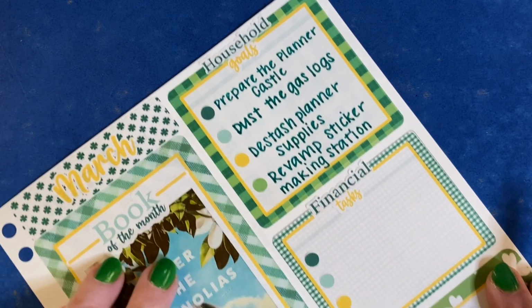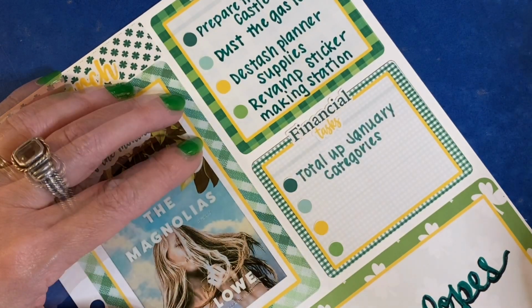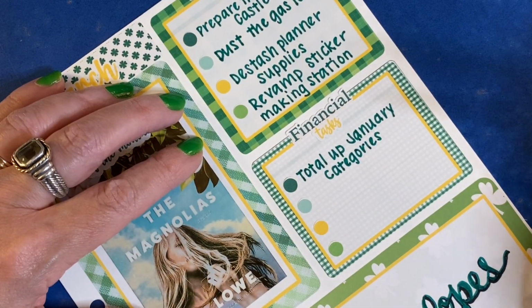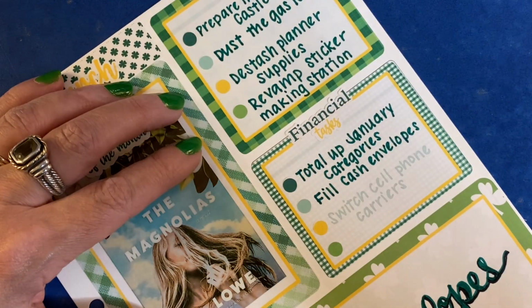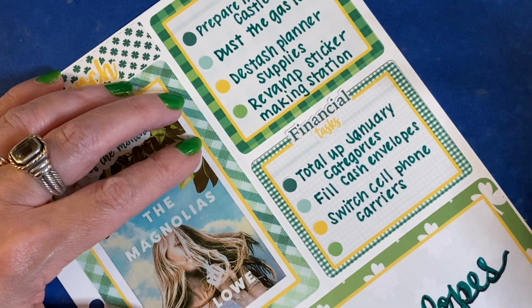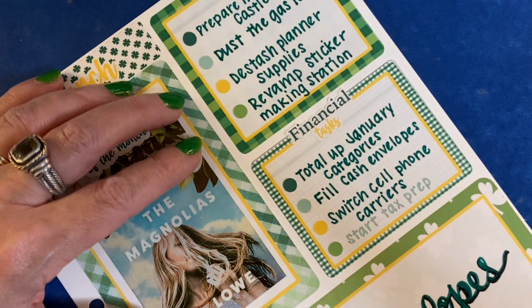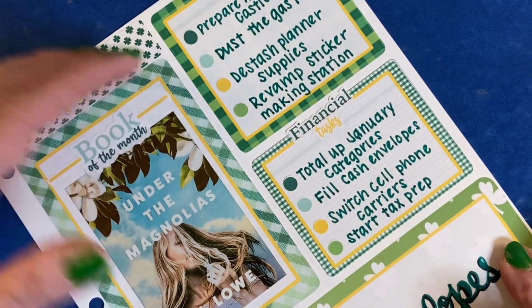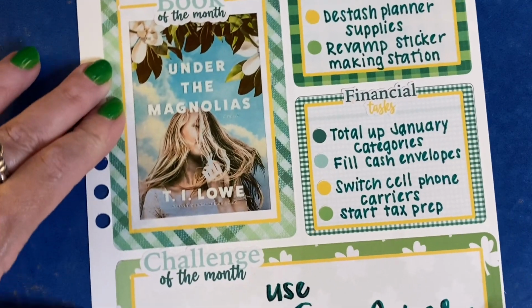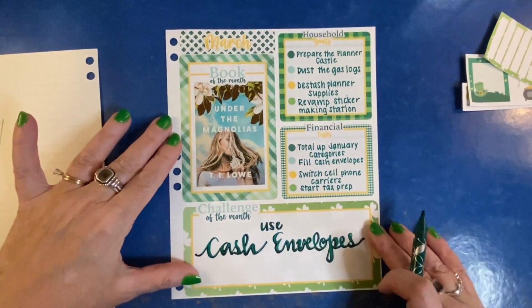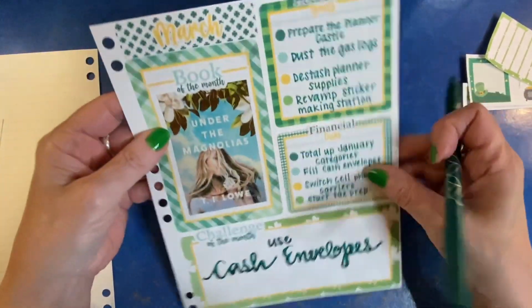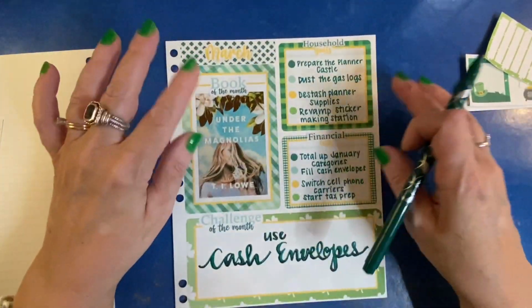Then my financial tasks are going to be to total up my January category spending, fill my cash envelopes, switch cell phone carriers to hopefully save a bit of money there, and to start tax preparation. So that is all of the tasks and items that I want to remember to do in a few areas of my life and my book of the month.